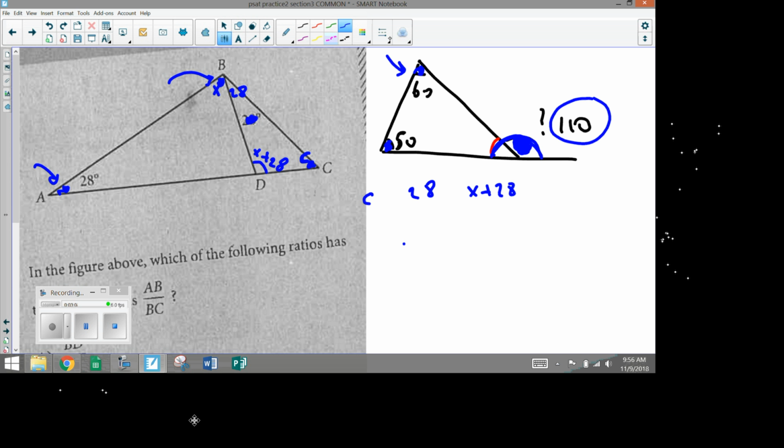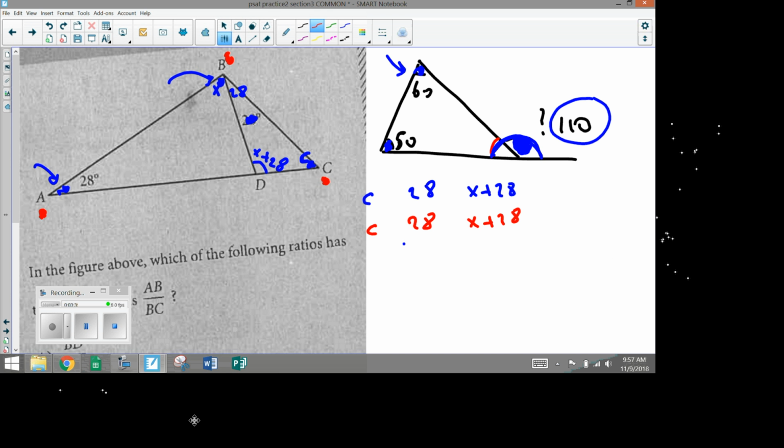Isn't that the same? C and 28 and X plus 28. So that means the smaller triangle BDC and the largest triangle ABC are similar.